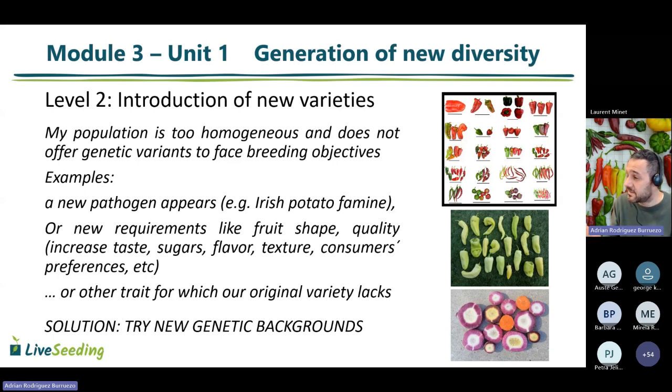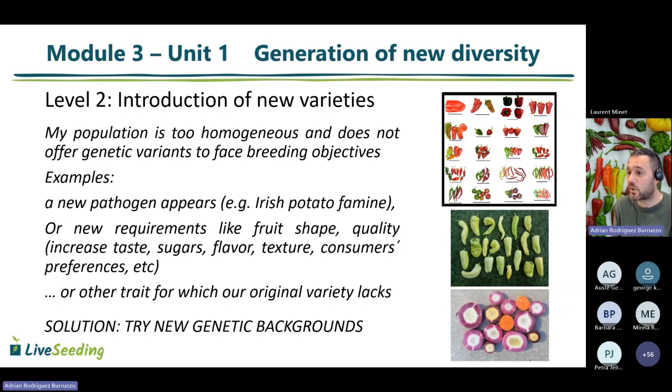I have seen that there is a new market opportunity for a new fruit shape, an improved quality in terms of sugar, flavor, texture, other consumer preferences, and my variety is not diverse enough to find a good morphotype, a good phenotype, which satisfies these objectives. Okay, or any other trait for which my original variety lacks.